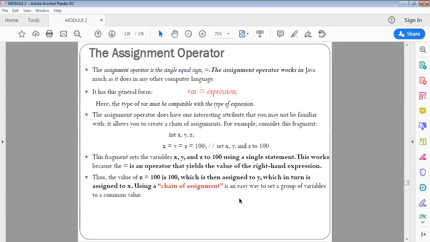This sets the value of x, y and z to 100 using a single statement. First, the value 100 is assigned to z. Next the value of z is assigned to y. Next the value of y is assigned to x. So that is the assignment operator.